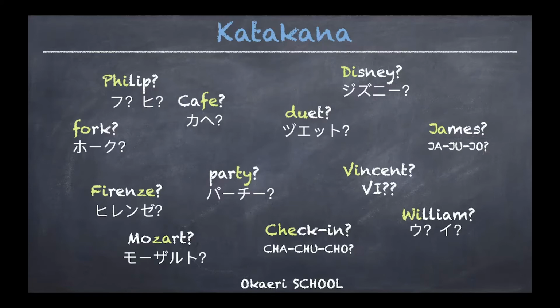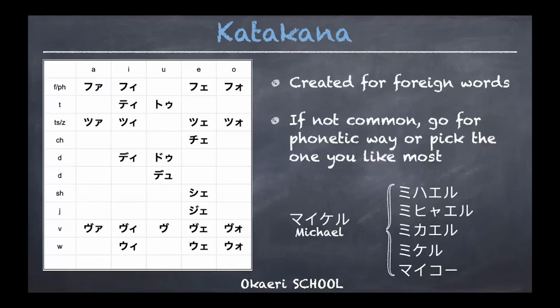How about Disney? D. When we had a look at the chart, it was only G. So would Disney be Disney? Vincent, V? Did we have V or William? We, James, J? We've only had the jajujo. How about James, J?